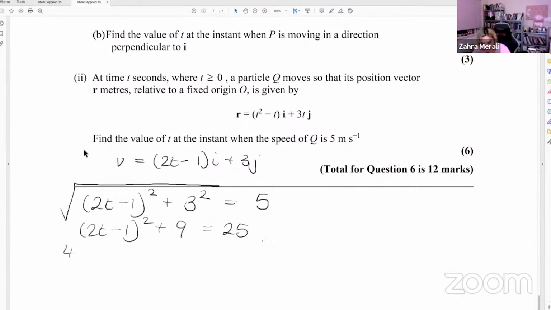I'm going to open that out, put everything on one side, and stick it in my calculator, solve it, and I get t equals 2.5.